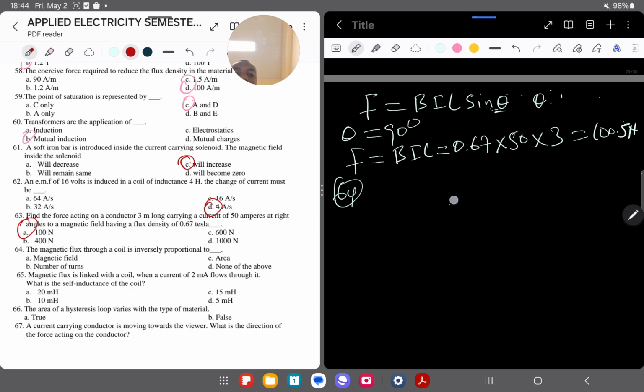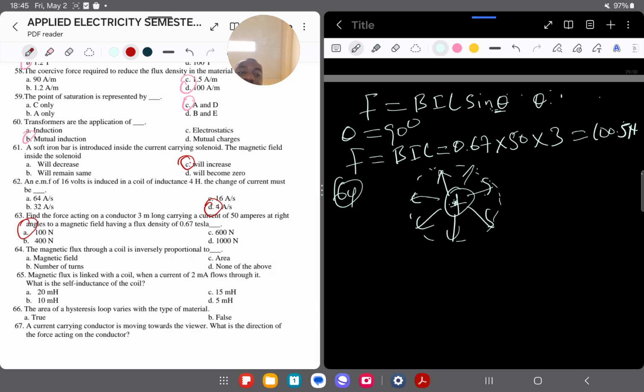Let's say I have a positive charge, and there is a magnetic field around it, meaning the area around the charge.